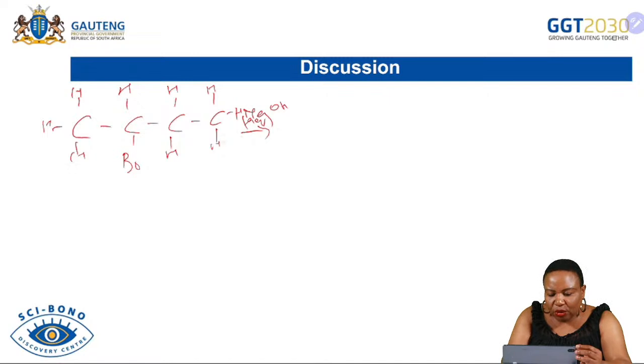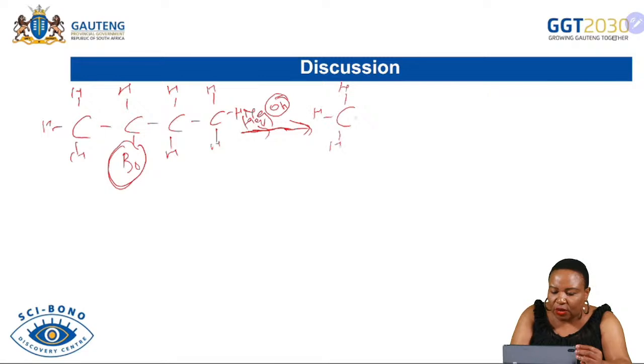So sodium hydroxide will react with this haloalkane to give me an alcohol. Wherever there was Br, there will be OH. So the alcohol that will be formed is going to be the 2-ol, as you see from this one: OH, then CH, then CH2.